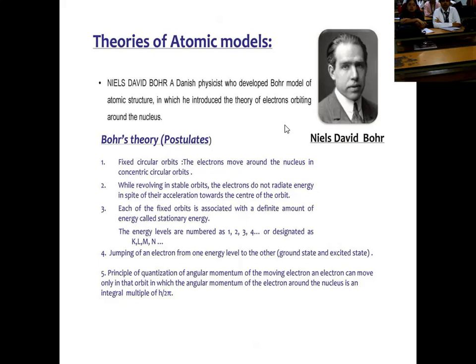h by 2 pi is the quantum mechanical energy unit. So n h by 2 pi, where n is a specific whole number, so a specific value will come. h by 2 pi is a constant, multiplied by some value 1, 2, 3, 4, so we get some specified energy level values.